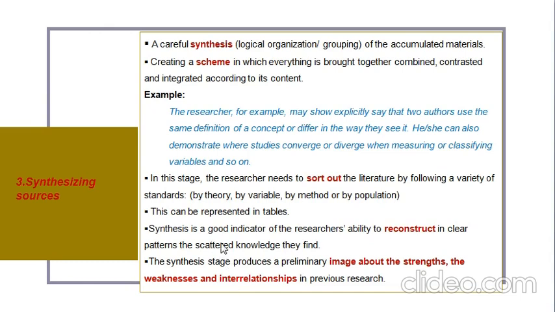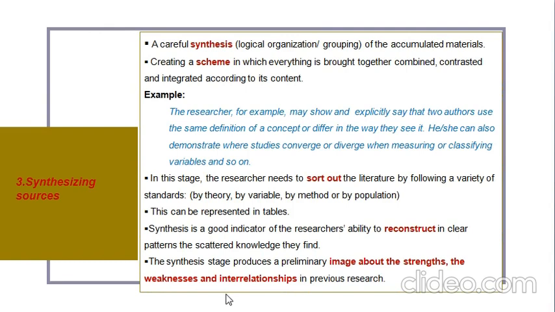The researcher, for example, may show explicitly and say that 2 authors use the same definition or have the same orientation in their definition of a concept, or that they differ in the way they see it. Researchers can also demonstrate where studies converge or where they diverge when measuring or classifying the variables and so on. Some researchers are good at synthesizing while others are not, and this makes the difference between researchers.